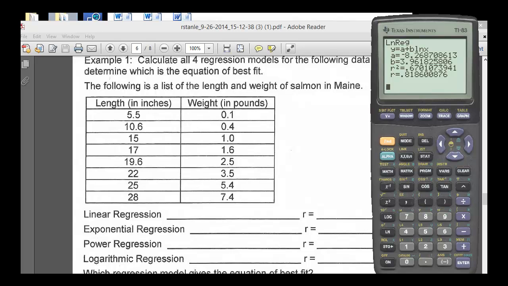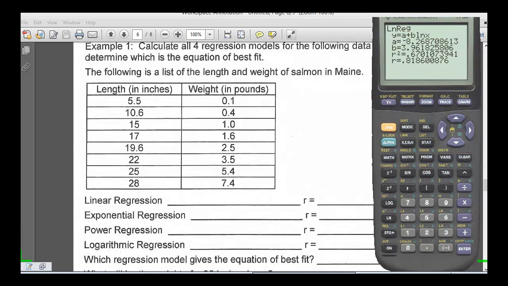The equation of best fit will follow this formula: y equals a, which is negative 8.269, plus 3.962 times the log of x. And the correlation coefficient is 0.818601.